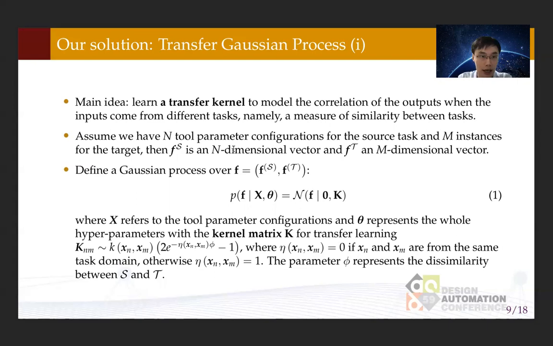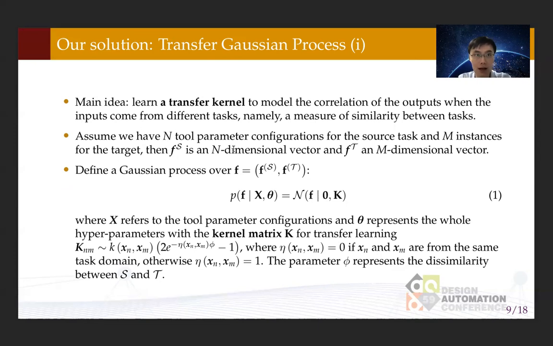So, in other words, we build a measurement of similarity between different tasks. First, we can assume we have n tool parameter configurations for the source task and m instances for the target, and f means the underlying latent function between the input and output.